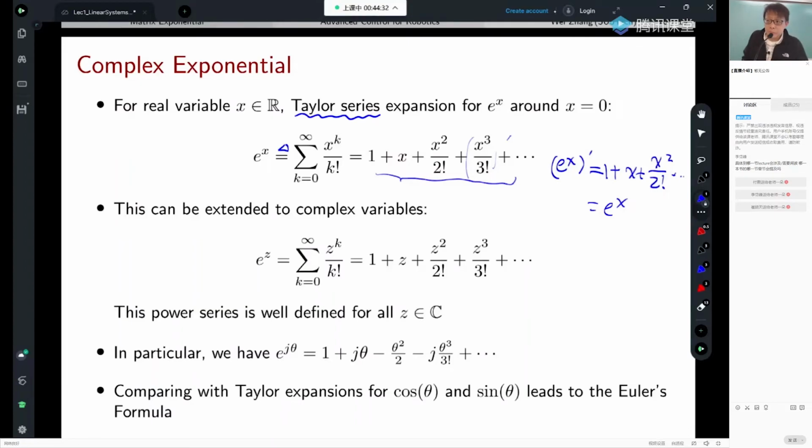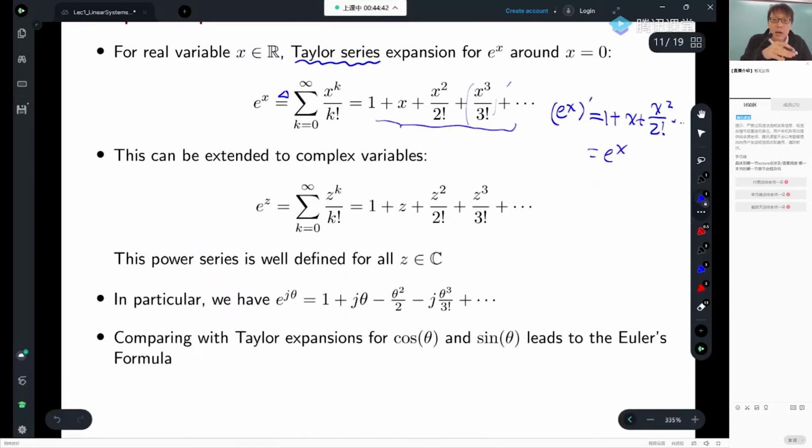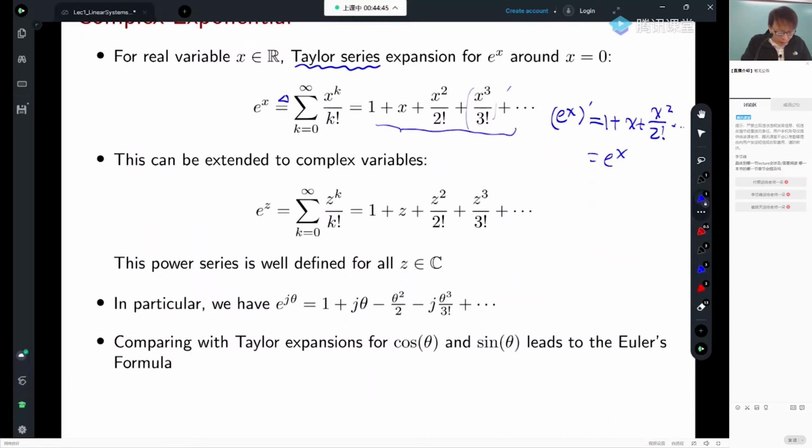And this Taylor expansion of e to the x can be used to generalize the exponential to many, many things. For example, you can define the complex exponential, e to the z. Can we? Of course, we can define.